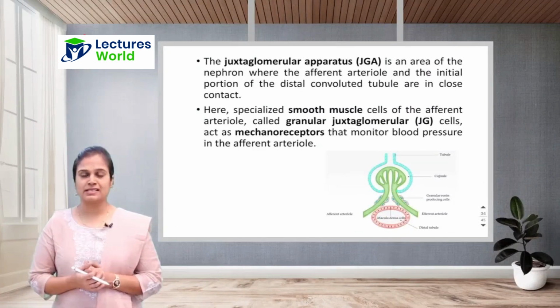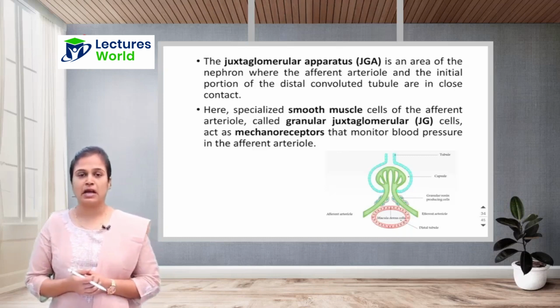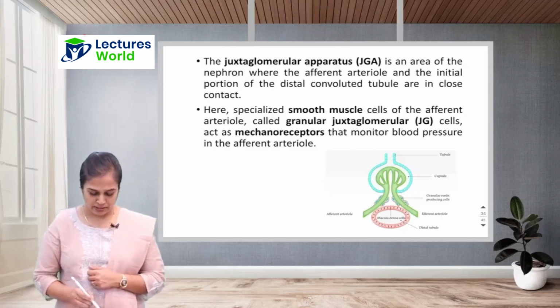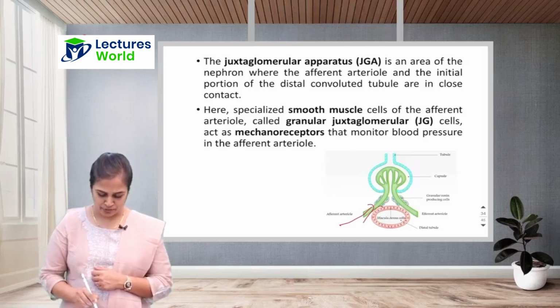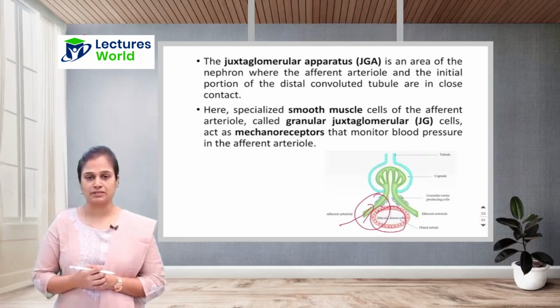Juxtaglomerular apparatus is an area of the nephron where the afferent arteriole and the initial portion of the distal convoluted tubule are in close contact. You can see in the image, this is the efferent arteriole and the distal convoluted tubule. This portion is attached and is called the juxtaglomerular apparatus.